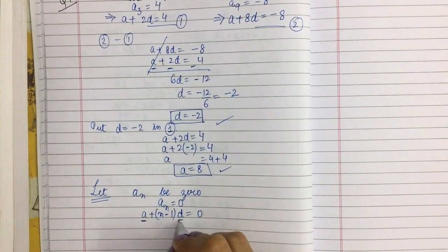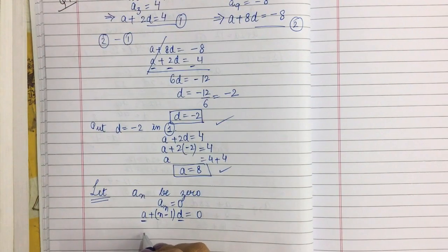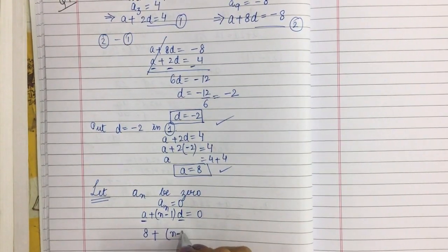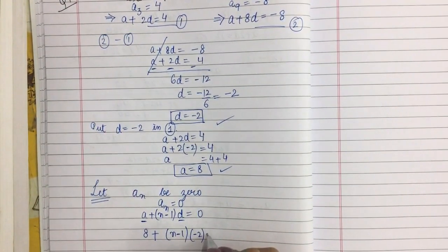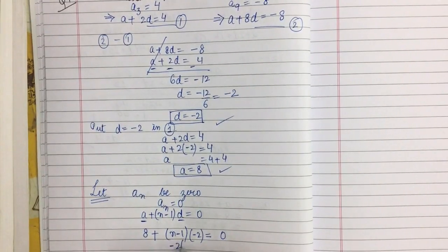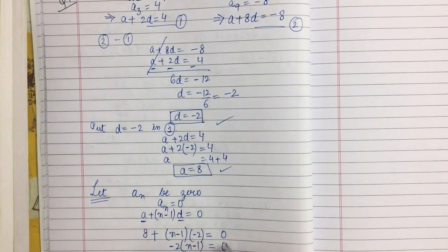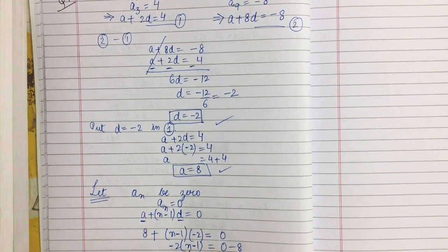This means a plus n minus 1 times d equals to 0. Let's use the value of a and d as we have obtained. 8 plus n minus 1 multiplied with the common difference minus 2. Keeping the product on left hand side, transposing 8 to the right hand side.